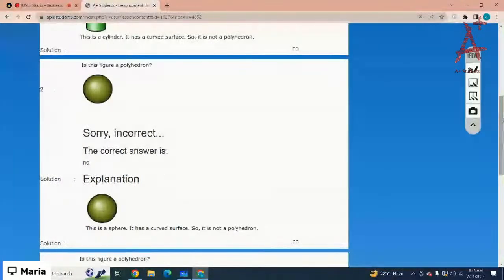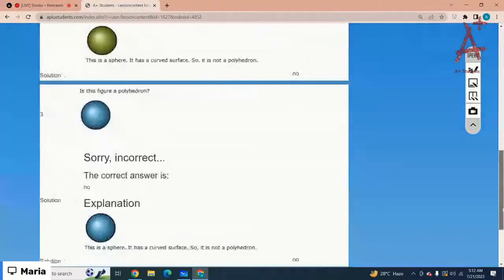No, this is a sphere. It has a curved surface, so it is not a polyhedron. The next one, is this figure a polyhedron? No, this is a sphere. It has a curved surface, so it is not a polyhedron.